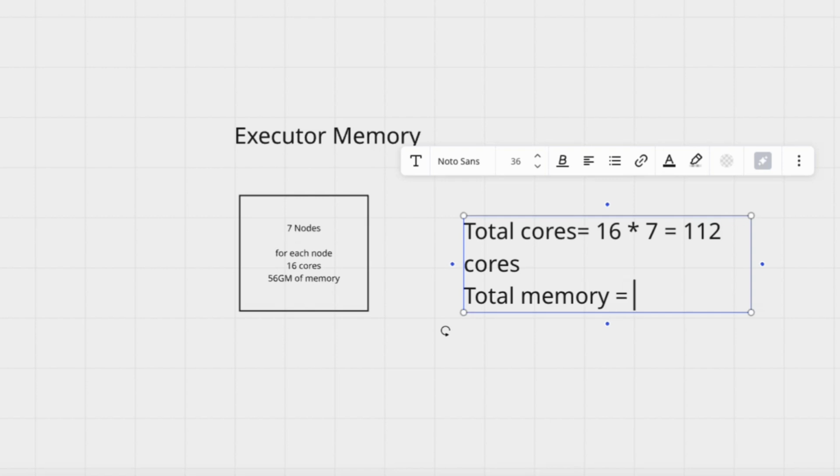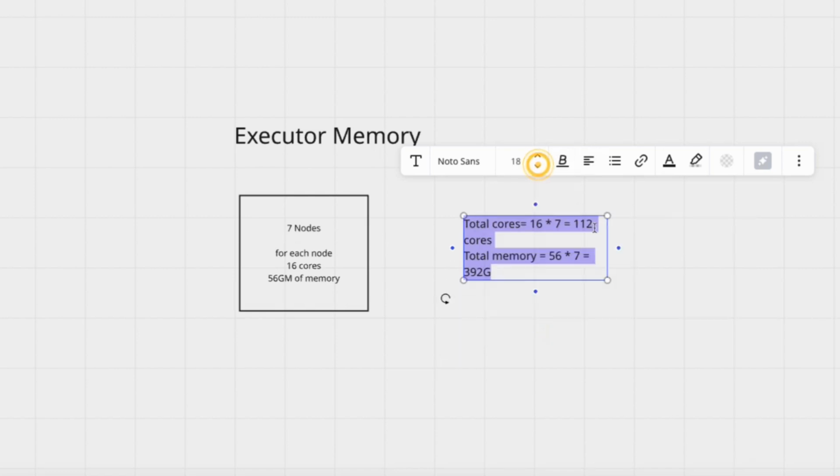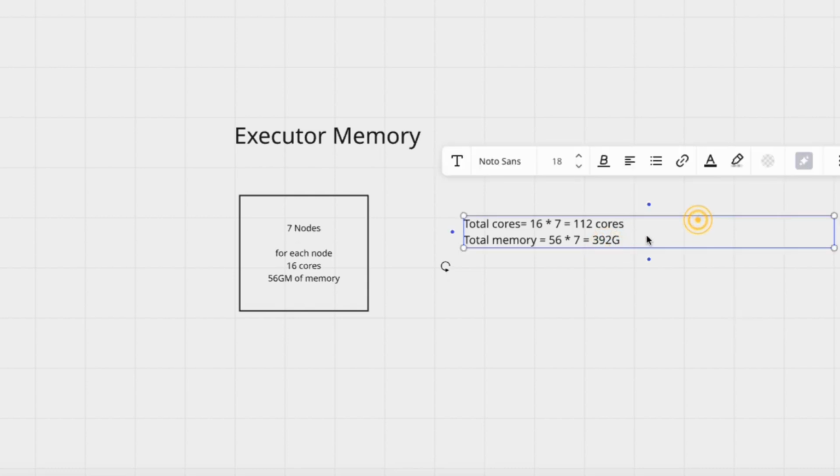We have assigned 56 GB for a single node, and there are 7 nodes, so 56 into 7 comes out to be 392 GB of memory. So this is the total memory and core configuration of our cluster. Fine, we'll keep it here.